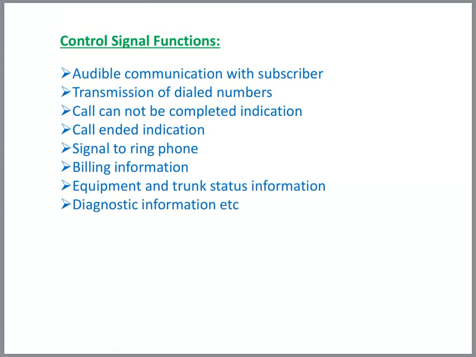Then call cannot be completed indication, call ended indication. We are all aware that at the end of the call a particular tone is generated. Also signal to ring a phone, billing information, equipment and trunk status information, diagnostic information and many others like this.